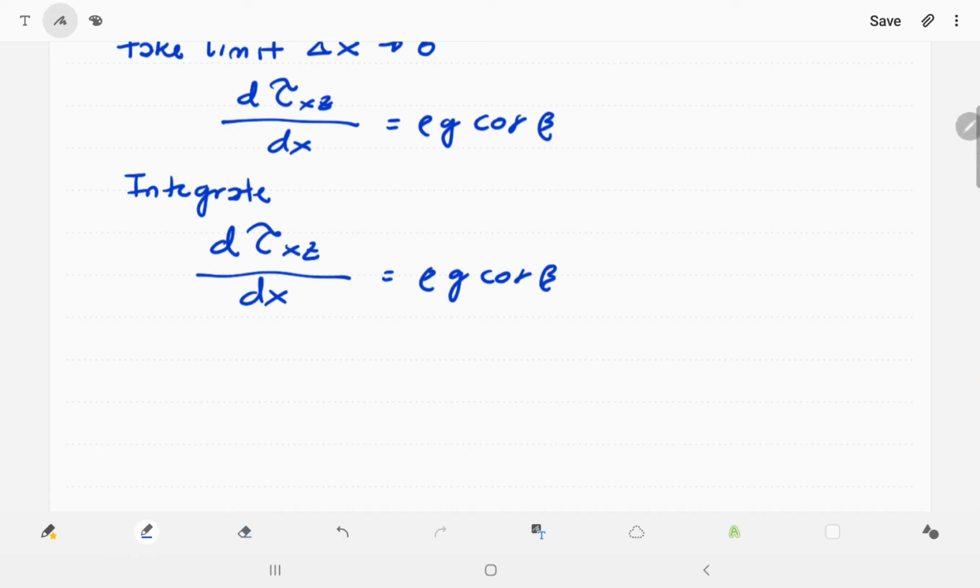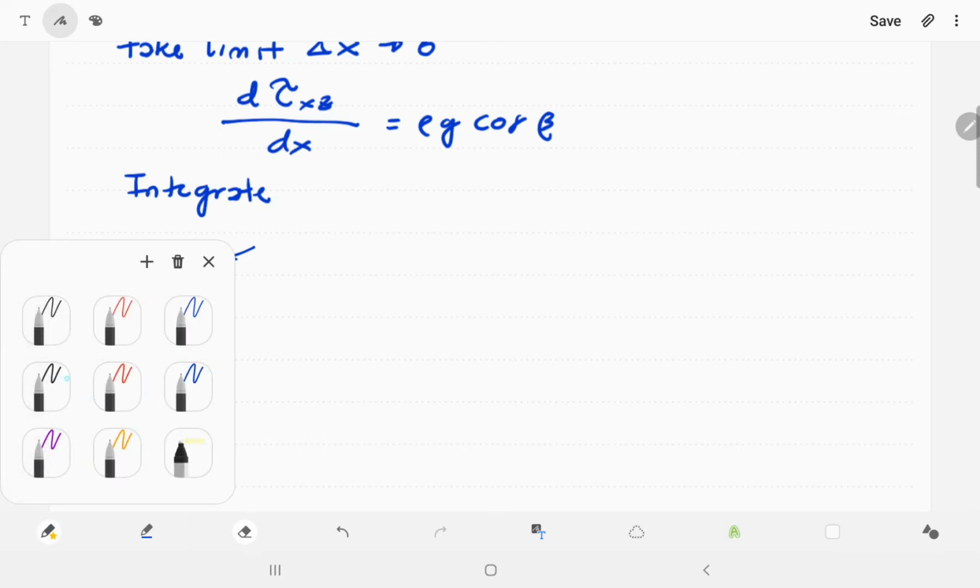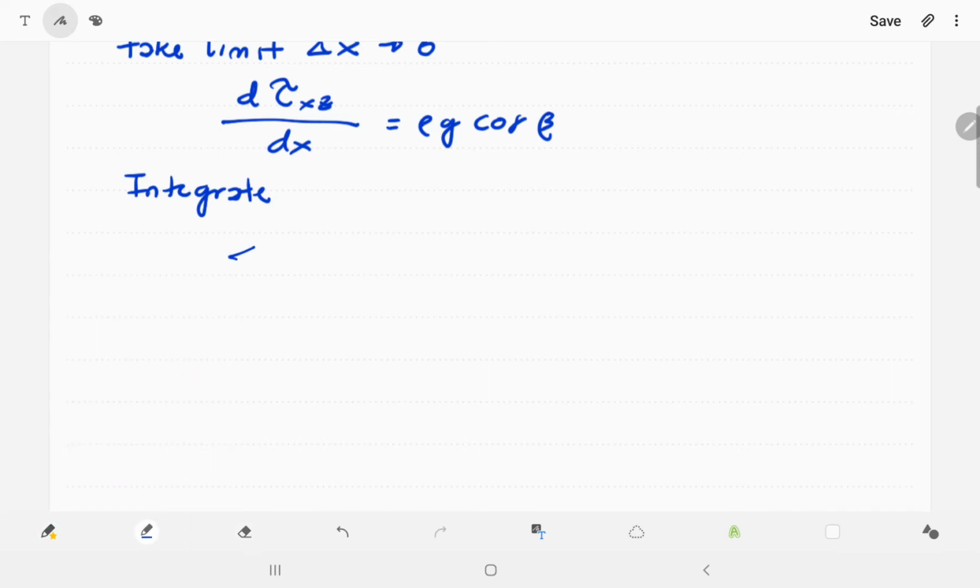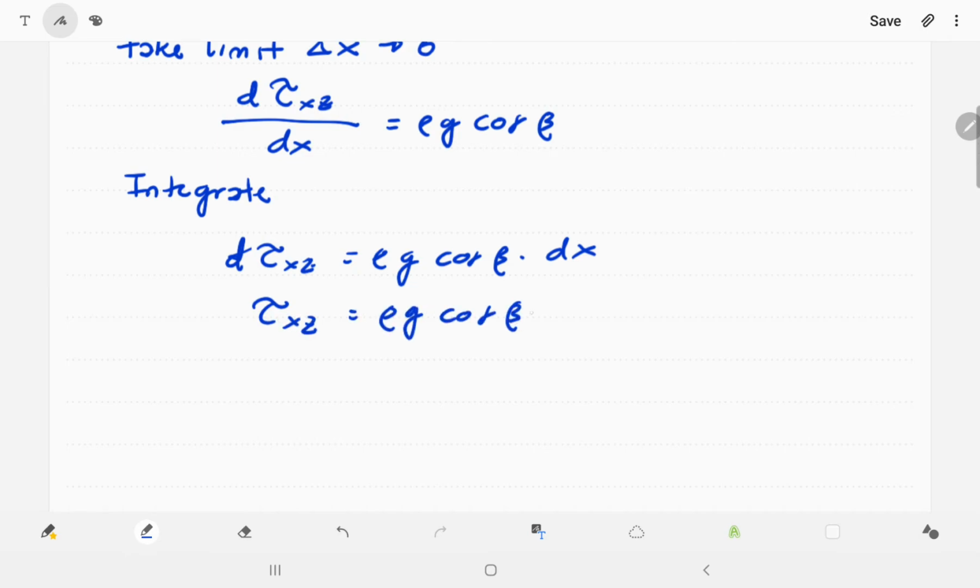I think I made a mistake in here. I will erase this one. Sorry, and repeat again what I take over from. So this will be d tau xz is equal rho g cos beta dx. So your tau xz will be equal to rho g cos beta multiplied by x plus c1.